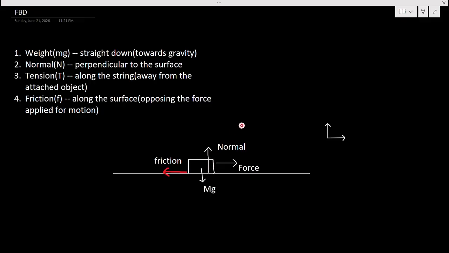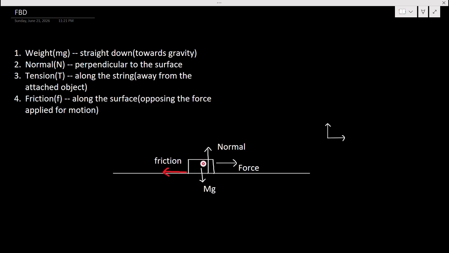Tension. There will be cases when we will have a string, and there will be examples of that. There you will see tensions. The tension will be along the string, and it will be away from the attached object. Let's say this block was attached to a string, and there was no surface, so the block was hanging from the string.